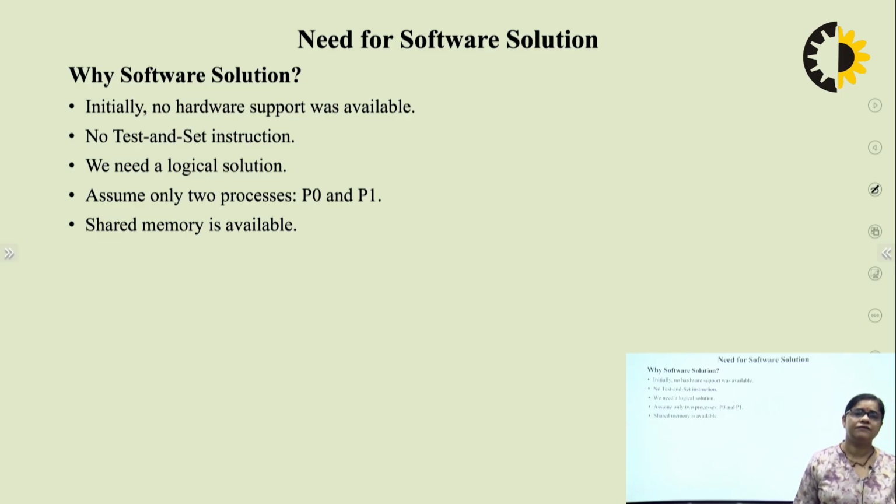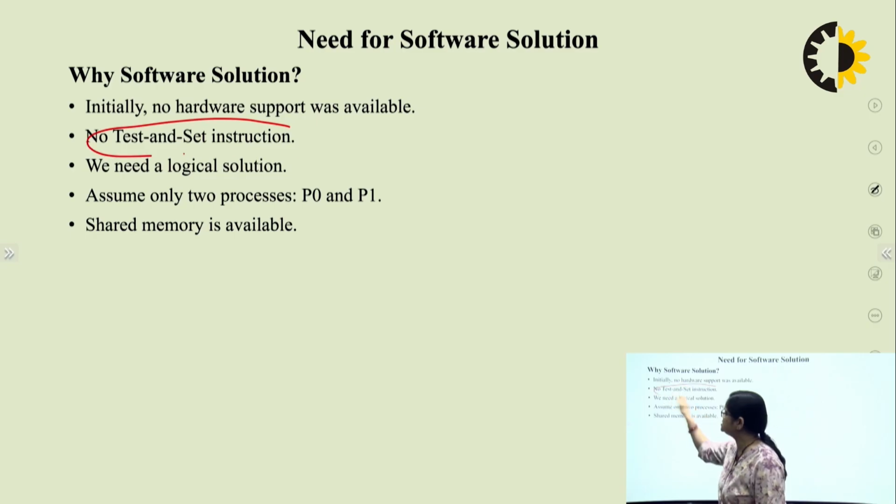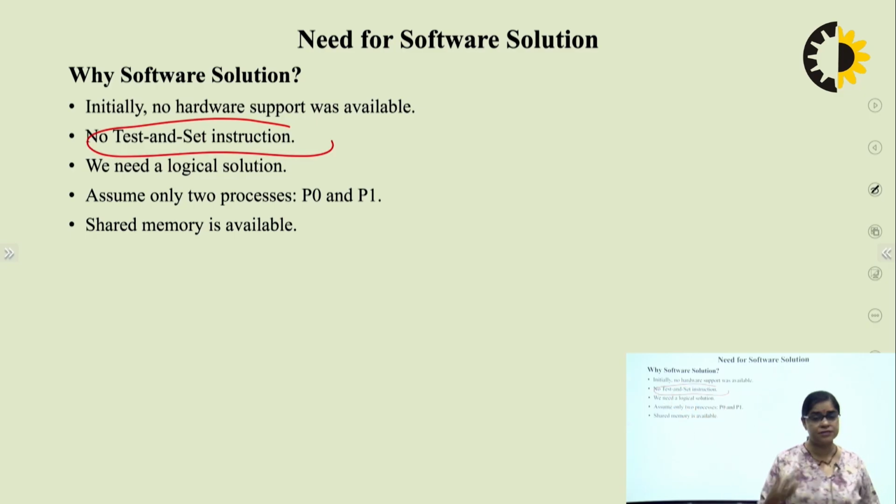Initially, when we were finding the solution for the critical section, no hardware solution was available. If no hardware solution was available, then there were no test and set instructions available, right? So we needed a logical solution for that. That's why we need the software solution to solve the critical section problem.